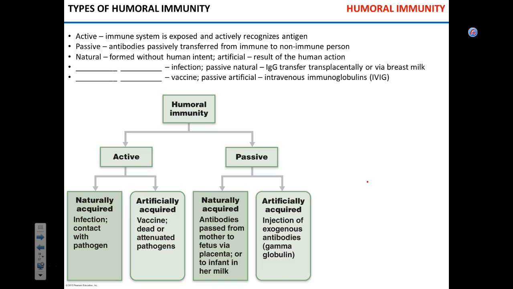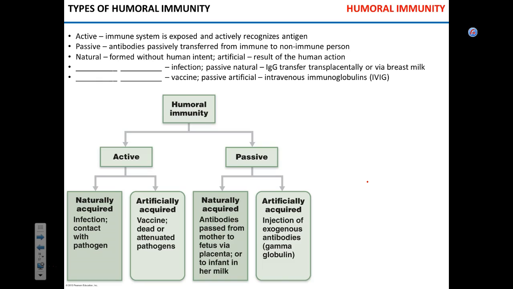Humoral immunity can be of 4 different types. It can be divided based on... I don't know. I have no words to formulate this. Okay, let's start from a different point.